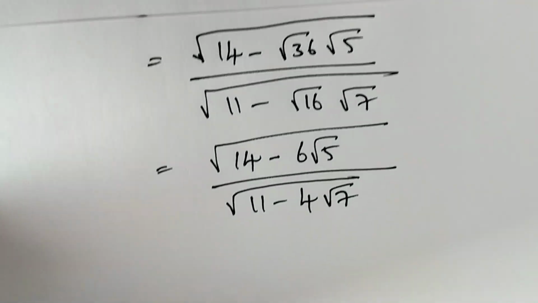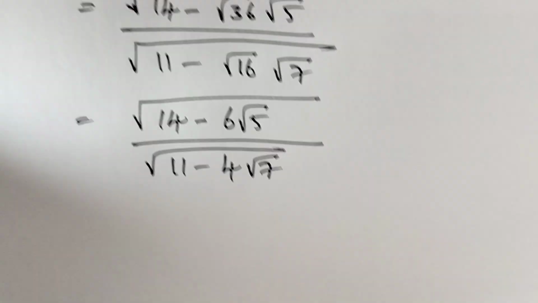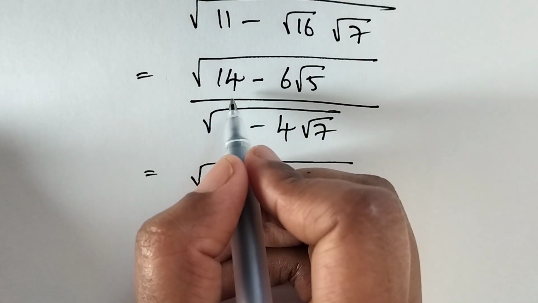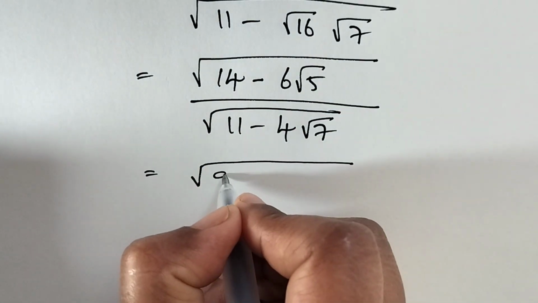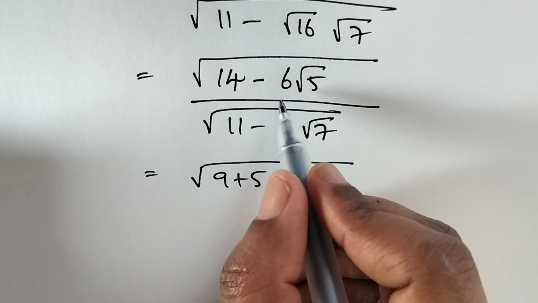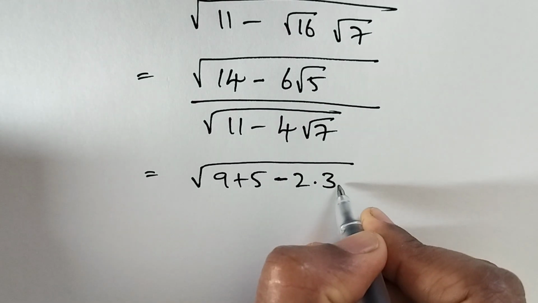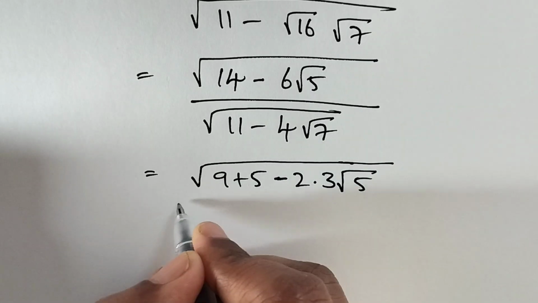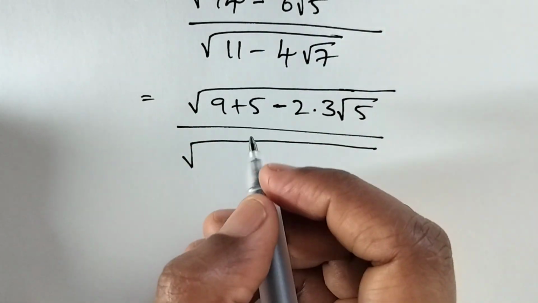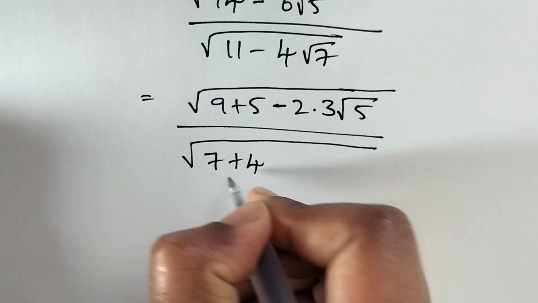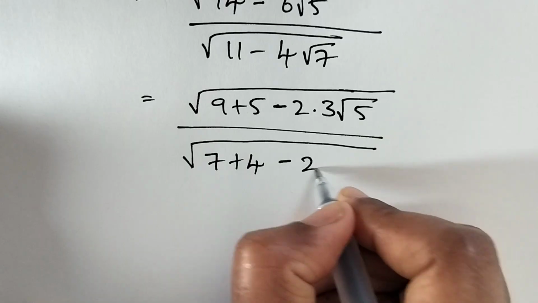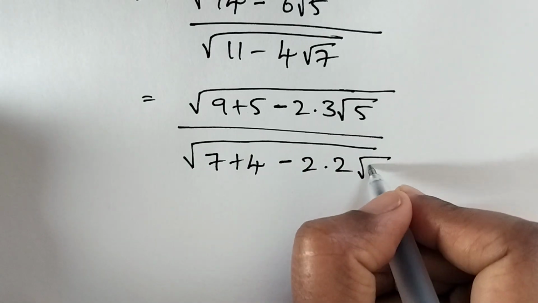So now we have 14, which we can write as 9 plus 5, minus 2 times 3 square root of 5, divided by, in the denominator, 11, which we can write as 7 plus 4, minus 2 times 2, which is 4 square root of 7.